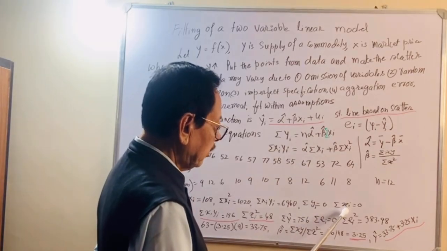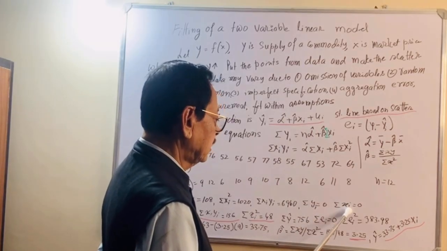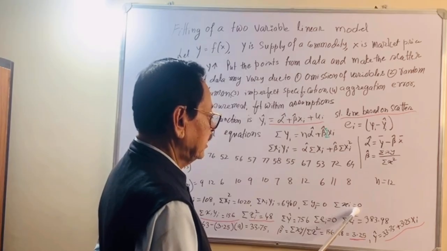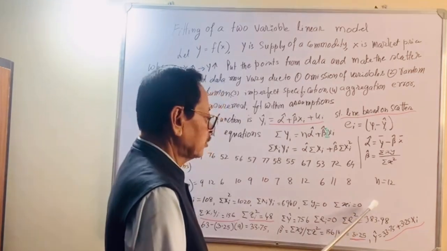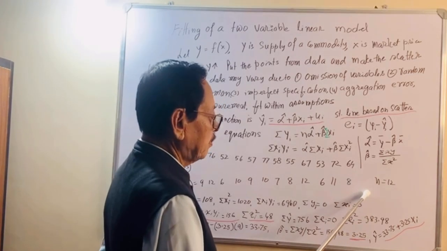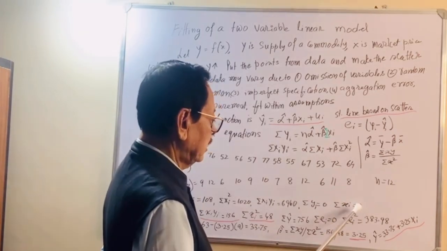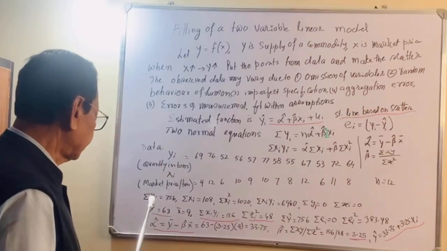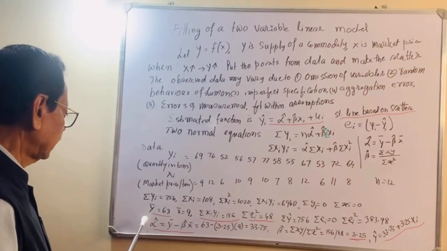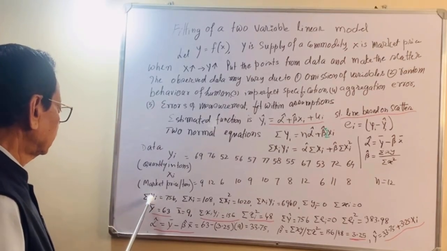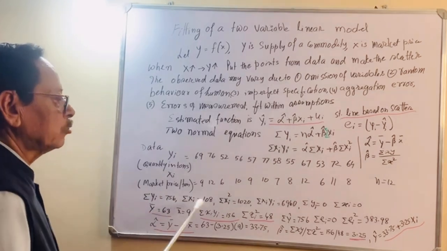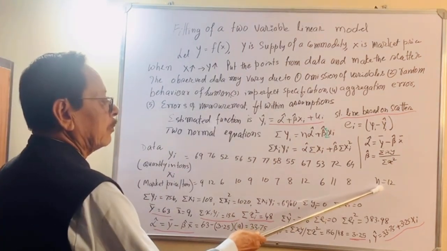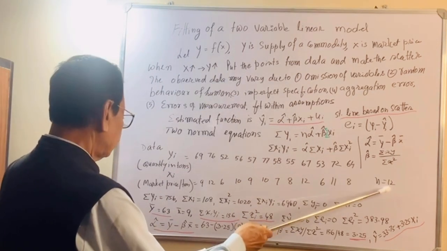Then sum of mean deviated x is 0. So minus and plus will be the same. Ultimately, summation is 0. Then y bar, that means the average of y. That means sum y divided by 12, and number of observations is 12.